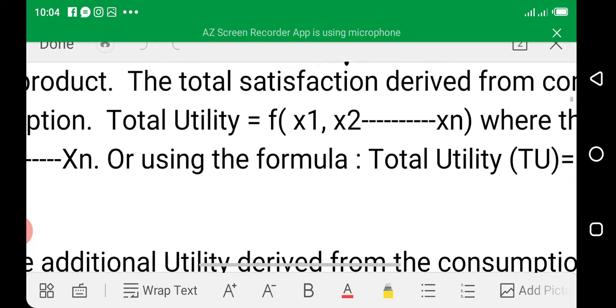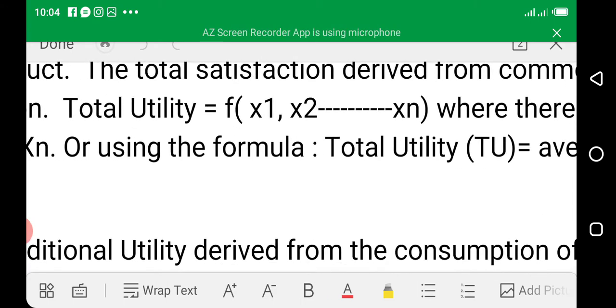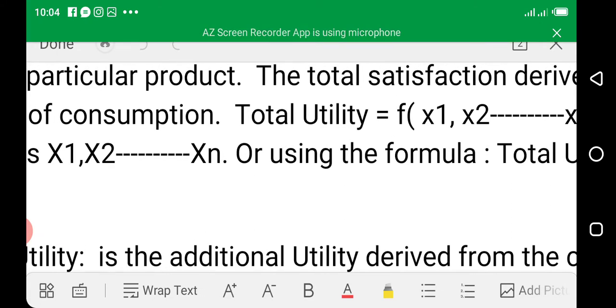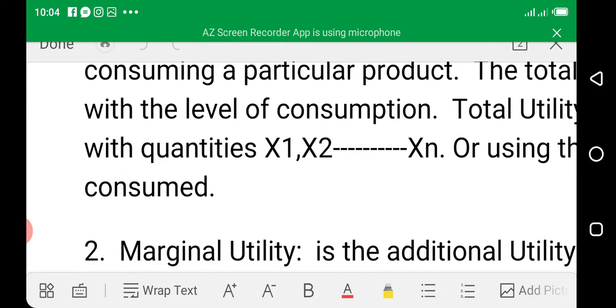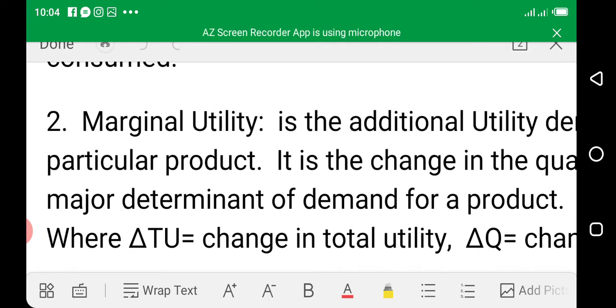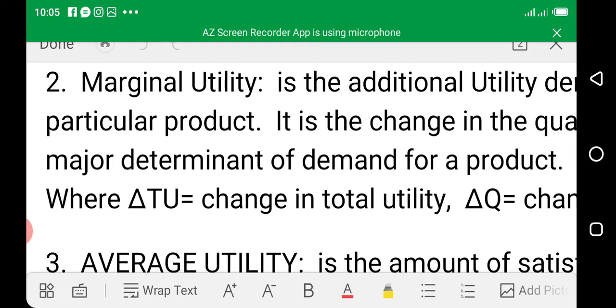Or we apply the first formula, which says total utility equals f(X1, X2, ..., Xn), or alternatively average utility multiplied by quantity consumed. The formula to be applied will depend on the nature of the question given to us or the information available in the question.